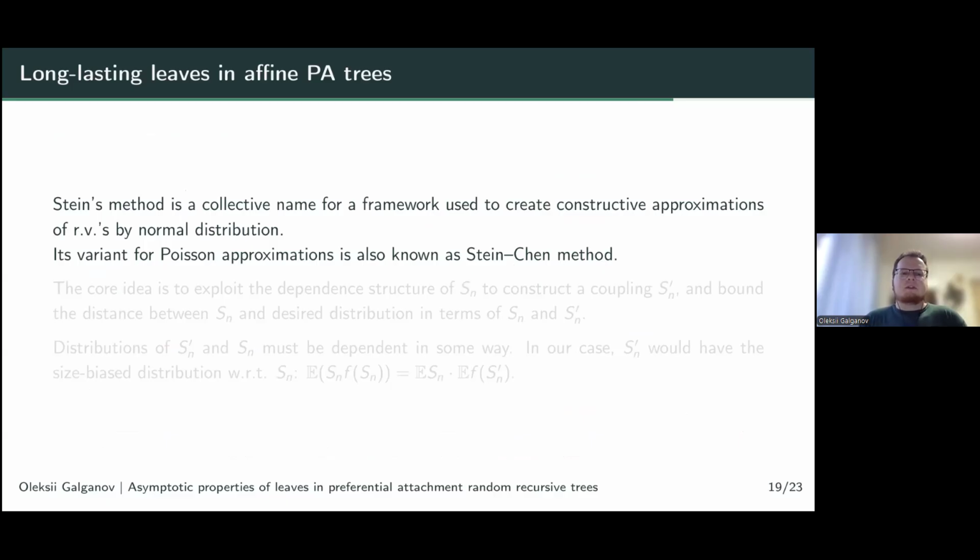It's a collective name for a framework that is used to create constructive approximations of random variables by normal distribution. Its variant for Poisson approximations is also known as the Stein-Chen method.